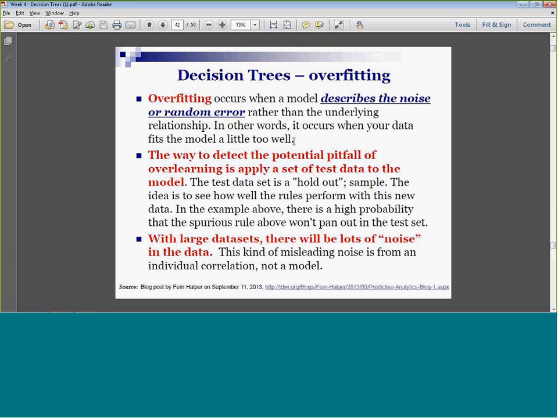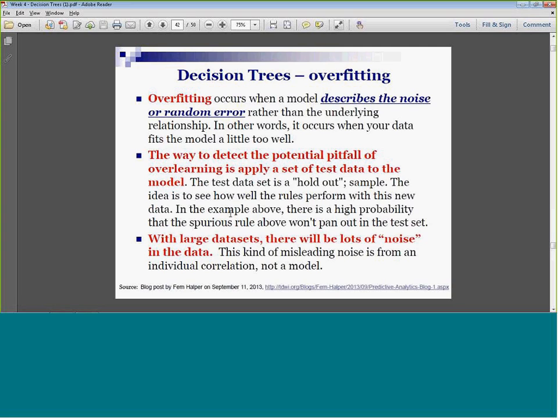If you start trying to model the noise in any predictive model, you get into trouble. That's really when the overfitting shows up. You're modeling the noise, not the true relationships. Not always easy to detect that, but your data fit the model a little too well, at least on the training data. The way to detect it is with the test set. That's the holdout sample.